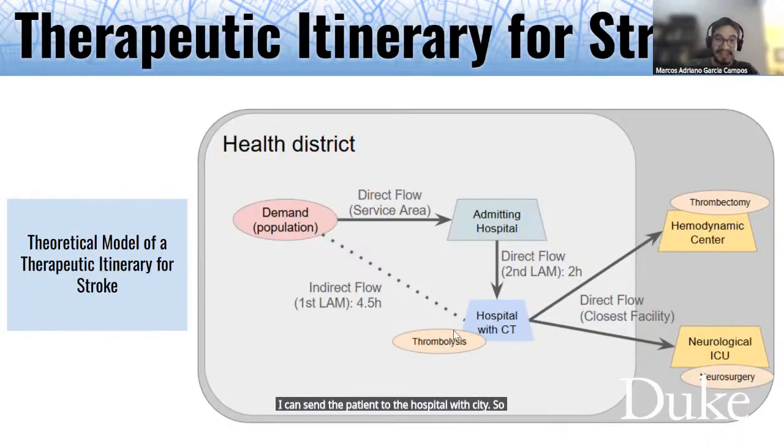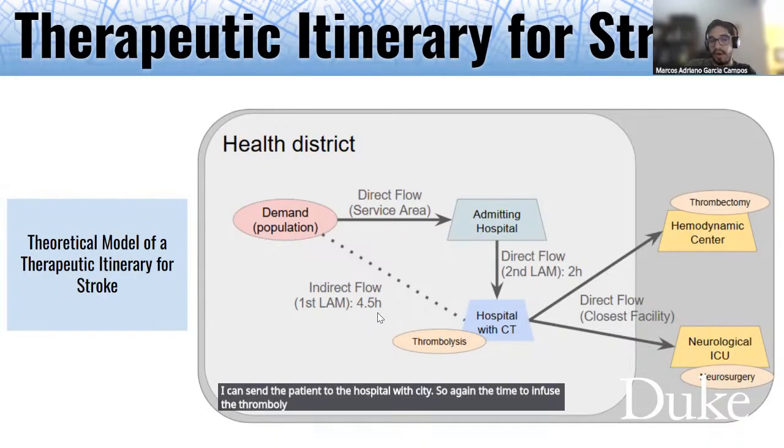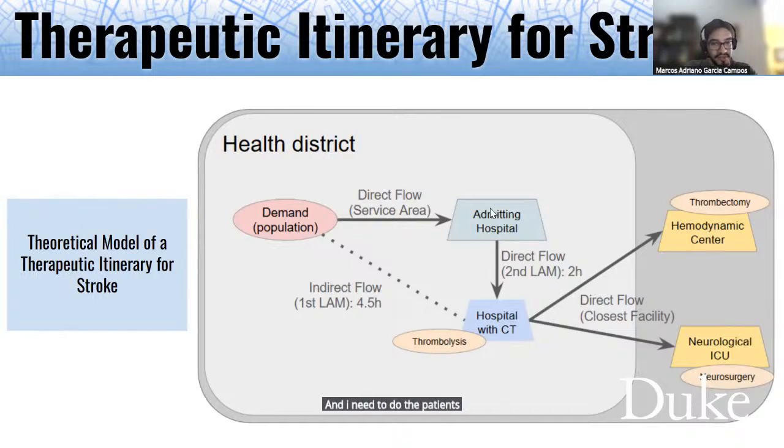So again, the time to infuse the thrombolytic is 4.5 hours. And I need the patients to go to the admitting hospital in less time, of course. So I specify a random time, it's not based on literature. I specify 2 hours.